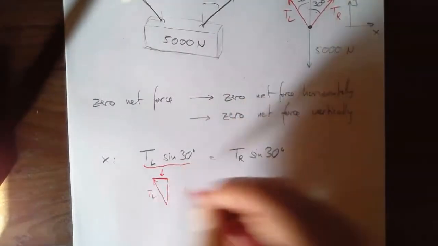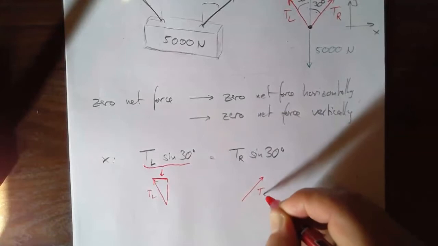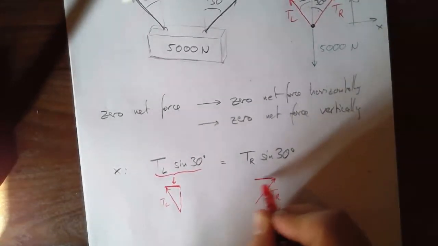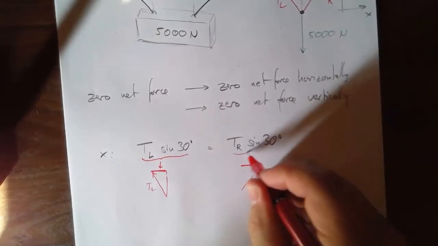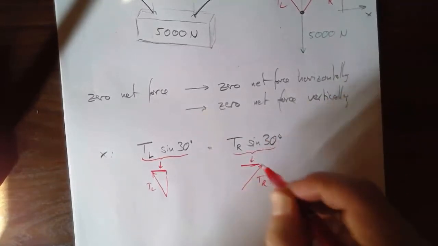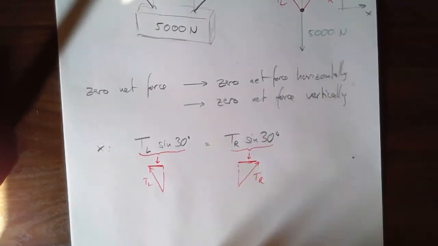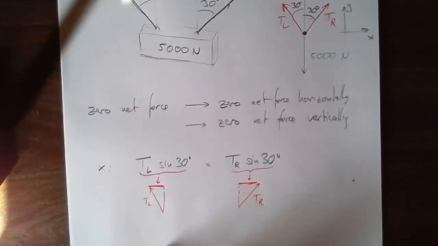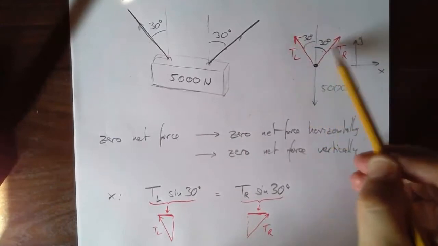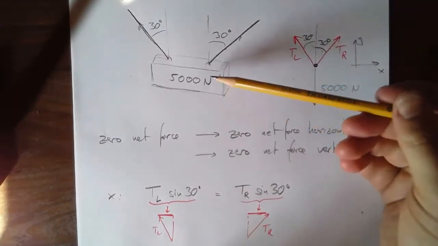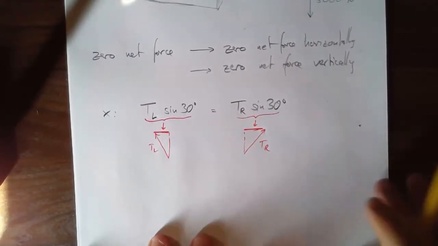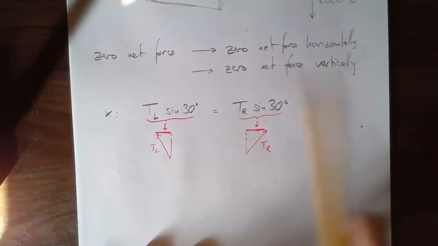So this was TL, this is TR, and here I care again about the horizontal part. And those better be equal, right? Because if one of them were stronger, if this one was pulling more left than this one's pulling right, then the whole crate would start moving sideways, which it is not doing. We know that it is at rest. It's something we were told. It's not something we assume.